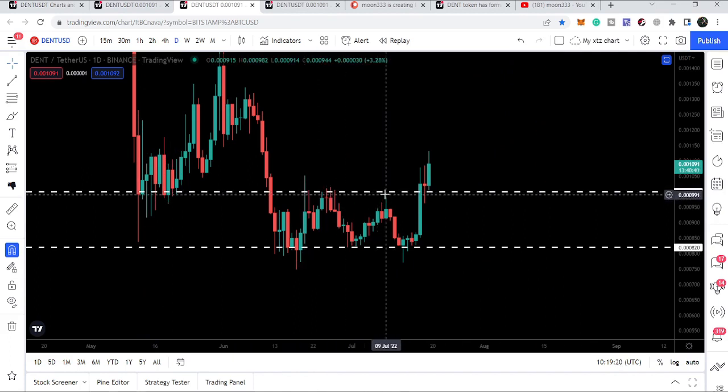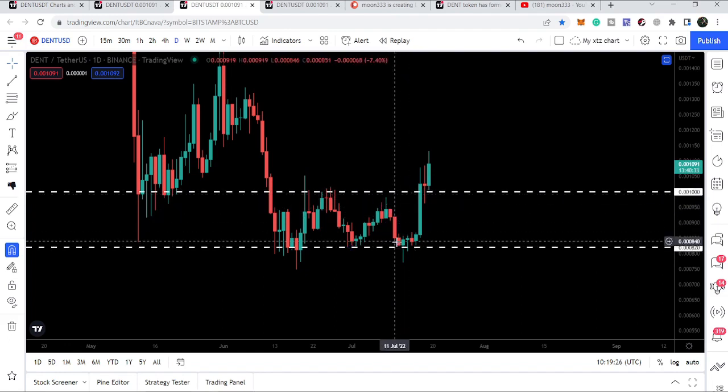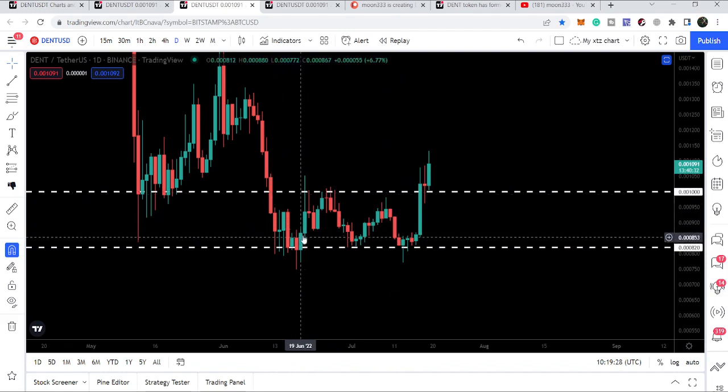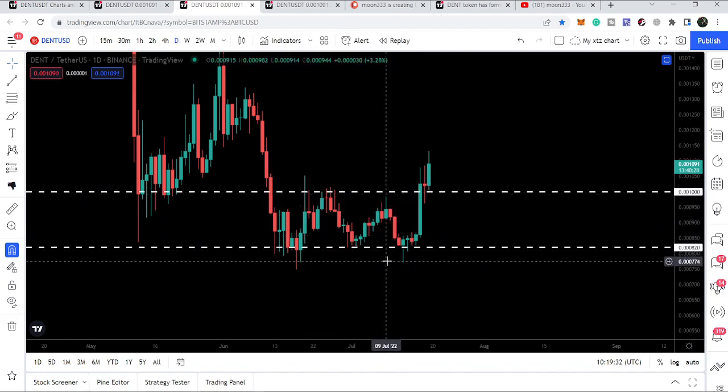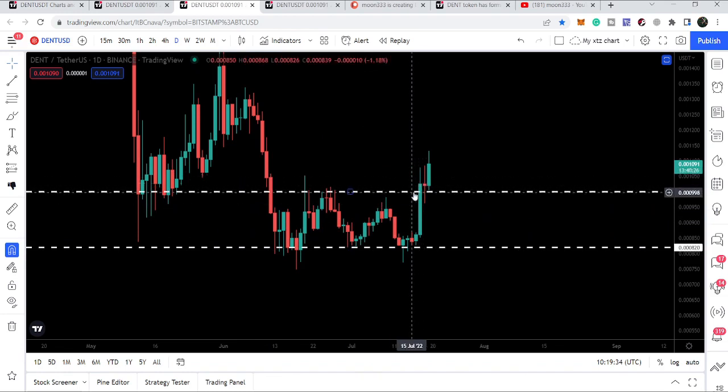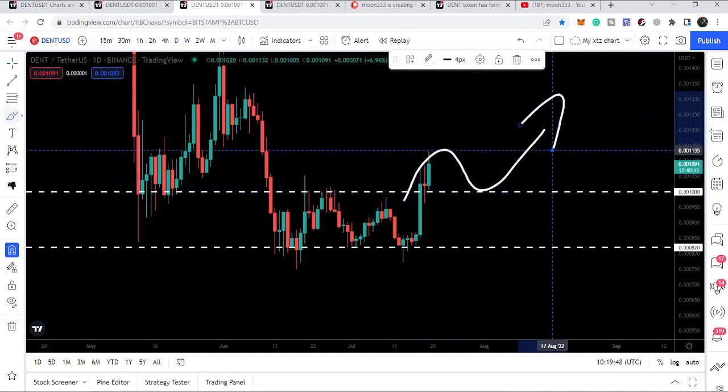Recently, on 9th of July, we went very close to this resistance, but we again moved down, and after getting bounced, we formed a 1, 2, and 3. We have formed a triple bottom here, and we have just broken out this resistance after you can see we broke it down here on 12th of June. And after 12th of June, this is the first time that we have just broken out this key resistance. And from here, we can expect a long-term move now by DENT.